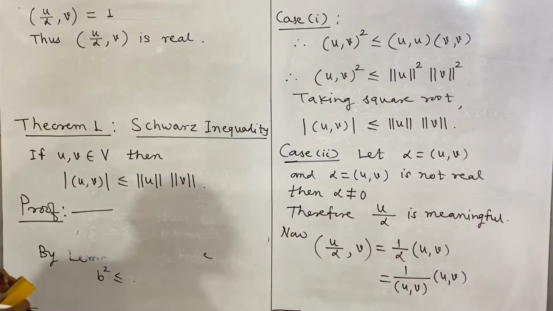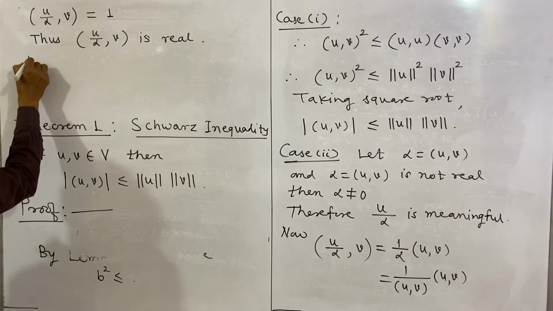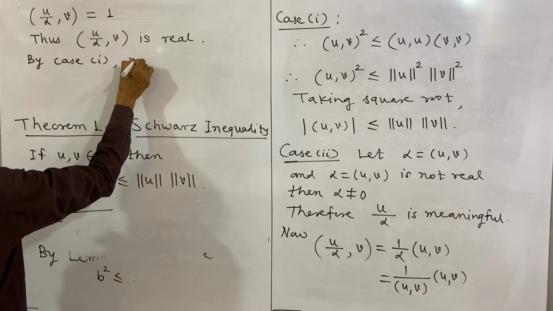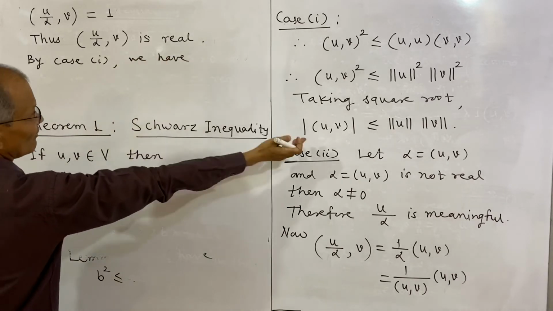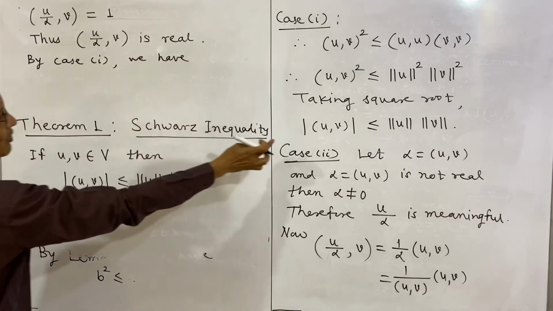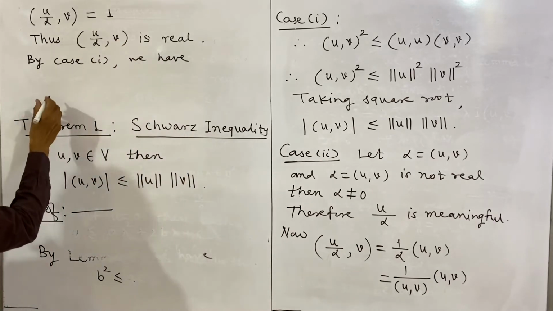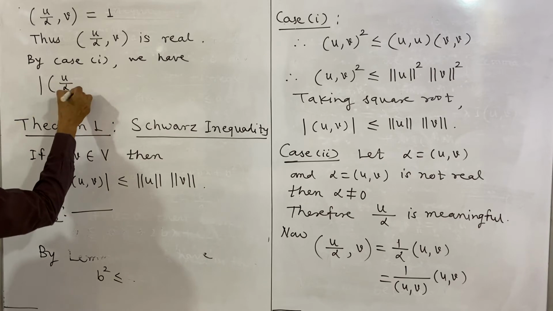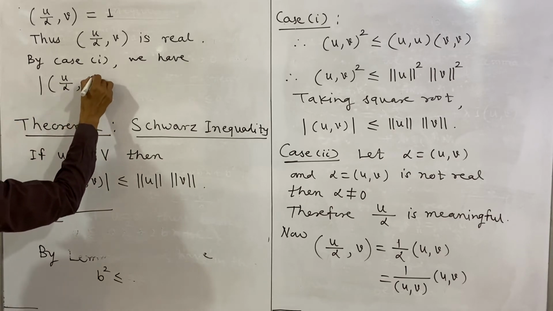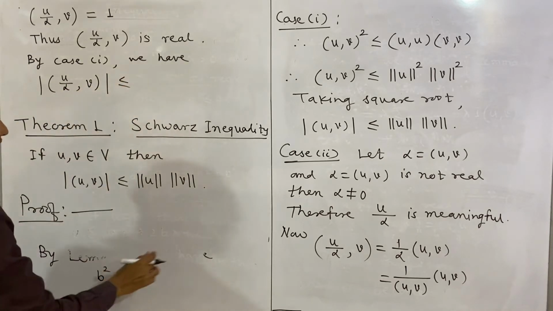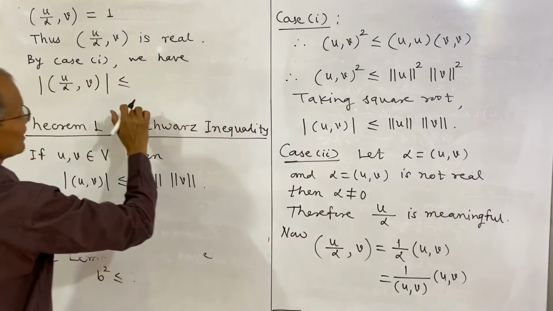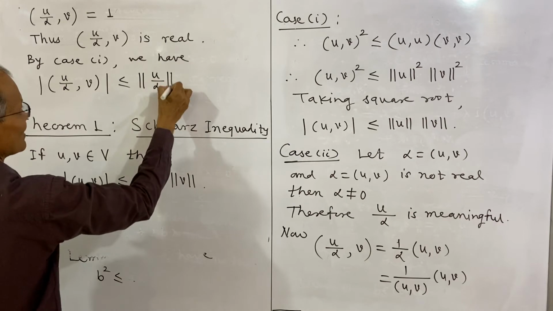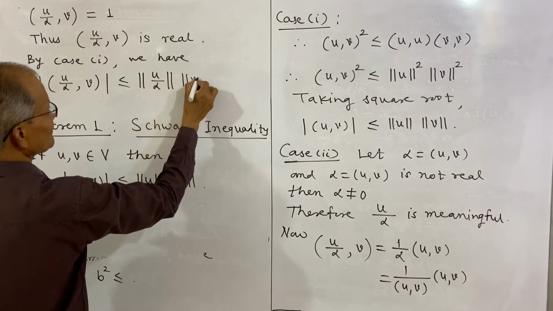So by case 1, we apply it with u upon alpha in place of u. The magnitude of the inner product of u upon alpha with v is less than or equal to the norm of u upon alpha into the norm of v.